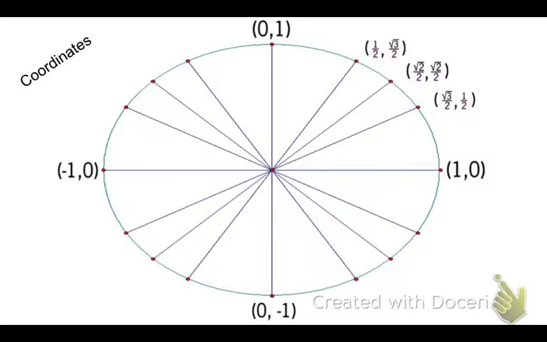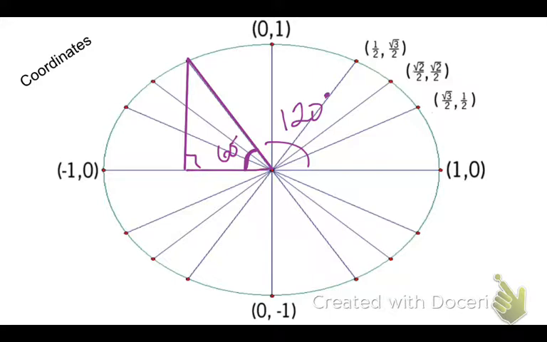Now, let's fill out the rest of the circle. We can go through and do our 30-60-90 triangles for every single angle within the unit circle. Because if I were to drop an altitude from this angle here, which would be 120 degrees this way, the rest of it would be 60 degrees.